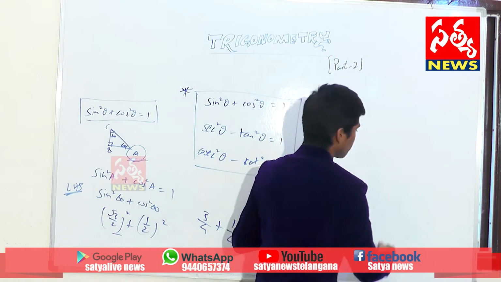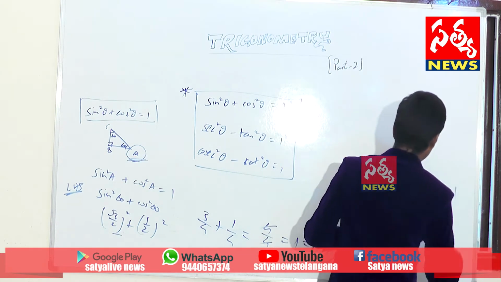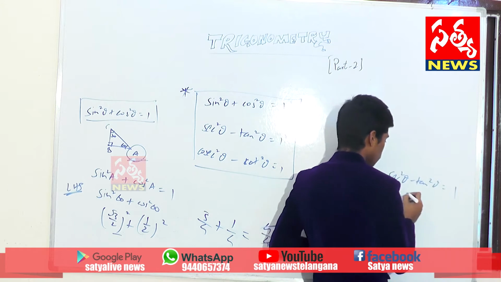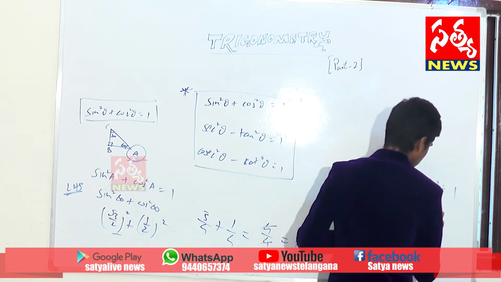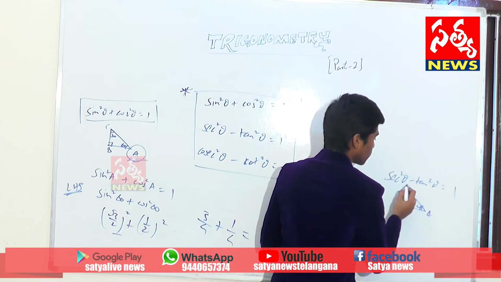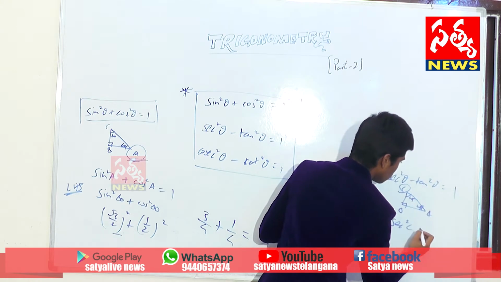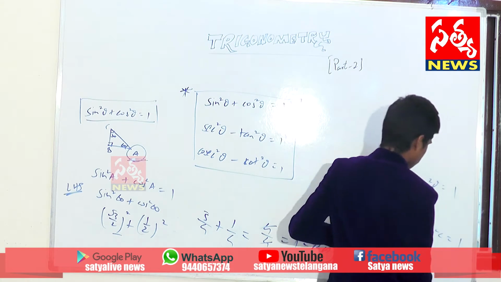And the next, secant square theta minus tan square theta equals to 1. Let's take a triangle of angles 45, 45 and 90. Triangle is named as ABC. Let's take secant square C minus tan square C equals to 1.